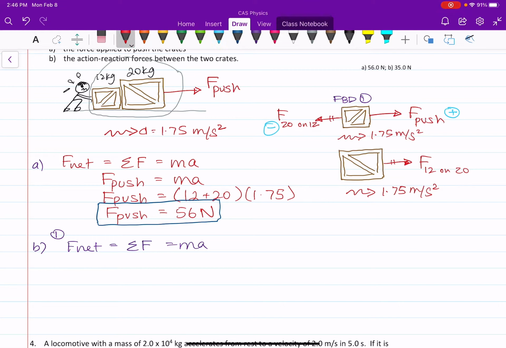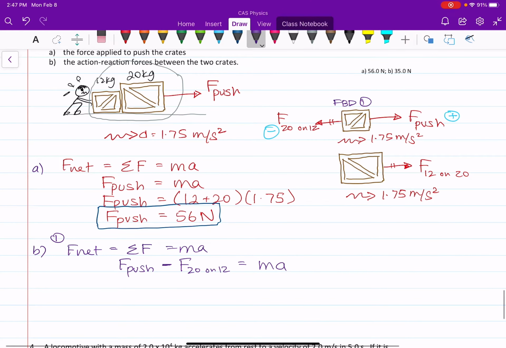I've got the force of the push in the positive direction minus the reaction force, the 20 on 12, negative. See, I've subtracted it. And that's all going to equal MA. So I'm only looking at free body diagram 1, so let's substitute in what we know. We know from part A that this force of the push is 56 newtons. We don't know this. That's what we want to know.